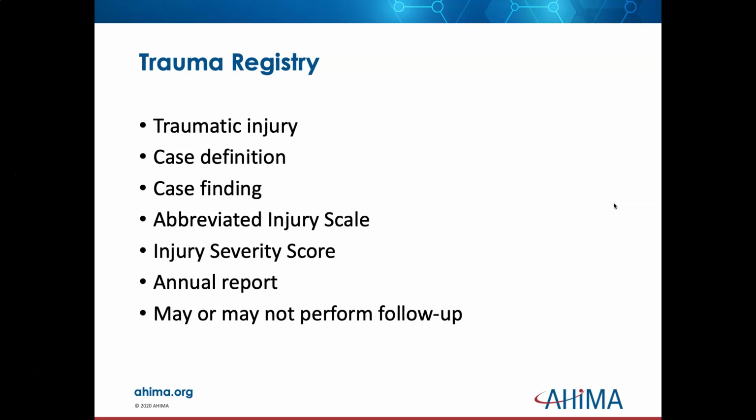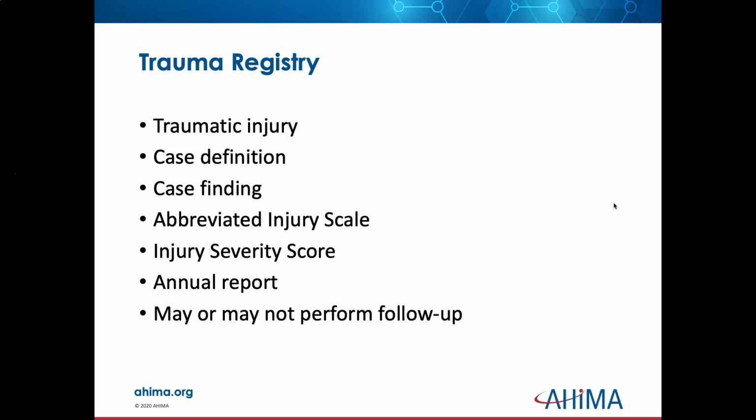Trauma registries, these are usually done through the emergency departments because that's where this information is usually based. But in hospitals that are like major medical centers or teaching facilities that have trauma teams and trauma units, trauma intensive care units, they have a dedicated trauma registrar who handles all of this.